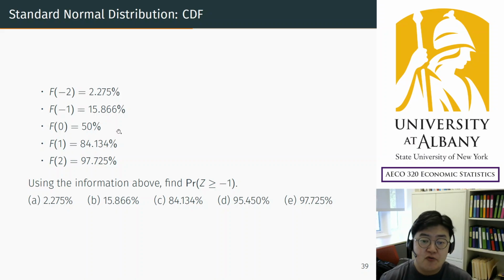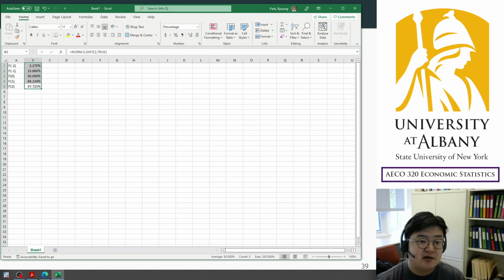Okay, this was the last question that I asked you at the end of the previous video. Given this information, how can you calculate probability greater than -1? So let's go back to Excel. There are two different ways.